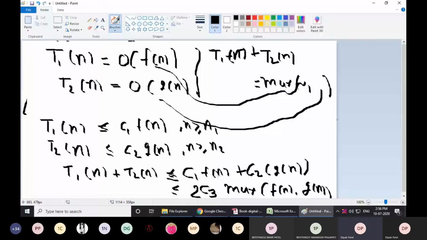See, if you compare this part with the above equation, see what we are doing in f(n) and g(n), I am taking max. Okay? और मैं उसका डबल कर रहा हूं. And I am selecting C3 as a max of C1 and C2. So double कर दिया तो obviously this will be greater than or equal to this previous part. Right?